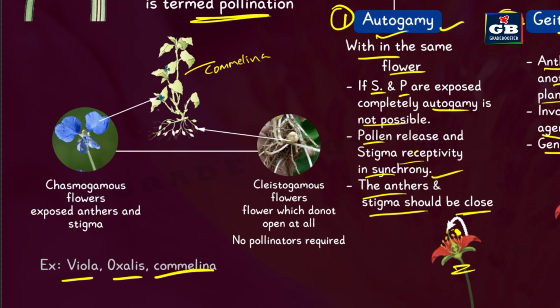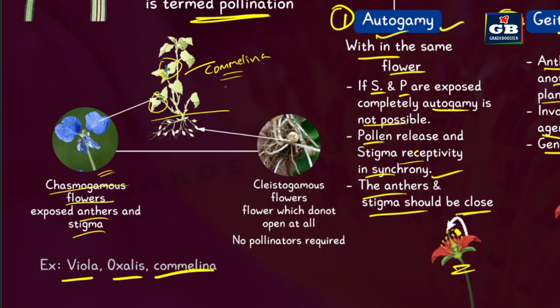Now this plant has got two types of flowers. Here we can see one type, aerial flowers, the flowers present outside the ground, on the stem. These flowers have exposed anthers and stigma. These flowers are called chasmogamous flowers.